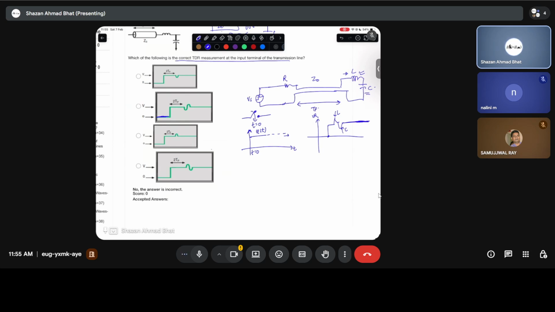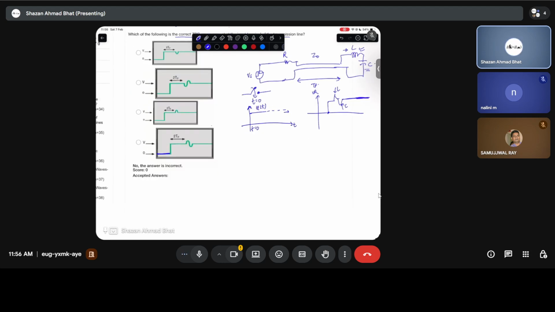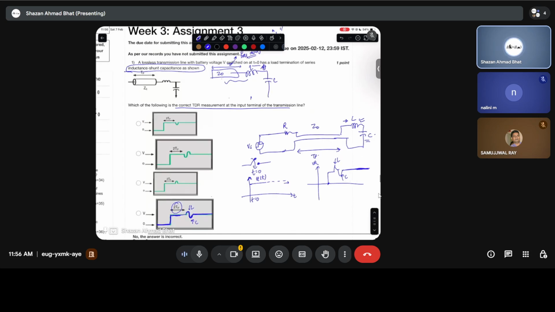The voltage is zero, and it's going to rise. Then there will be this inductance peak, then this capacitance minus peak, and then it will stay constant. So this is because of inductance, this is because of capacitance, and then there will be this 2 time delay associated with the voltage waveform, because you are measuring at the input terminal.